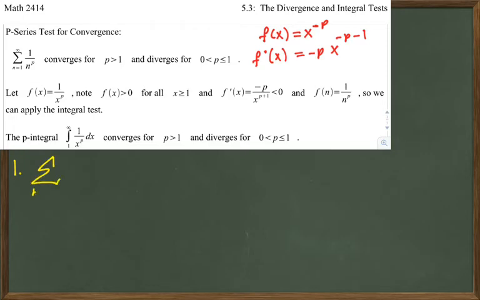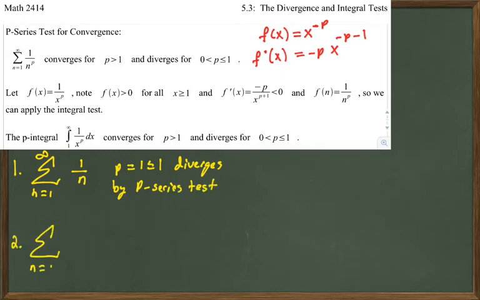So we look at the sum n equals 1 to infinity of 1 over n. This is also called the harmonic series. Your p here is the exponent on the n, which is 1. That is less than or equal to 1 because it's equal to 1, and so this diverges by the p-series test. Very quick test.